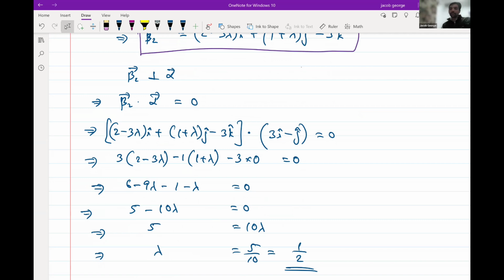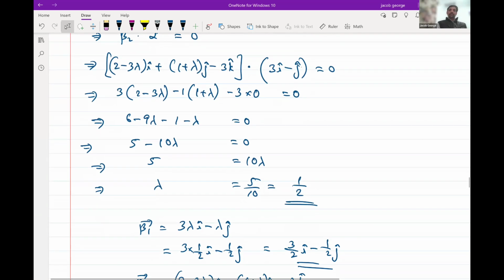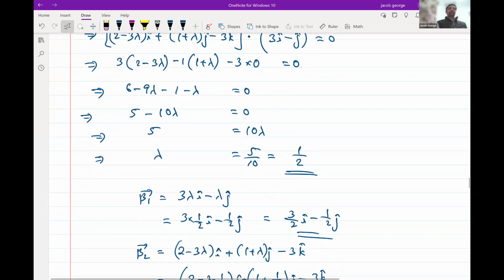Then after getting lambda, what to do? After getting lambda, substitute, right? Substitute in that beta 1 vector and beta 2 vector. Lambda is clear, right? Beta 1 vector is 3 lambda I cap minus lambda j cap.